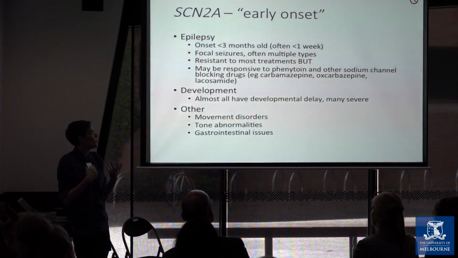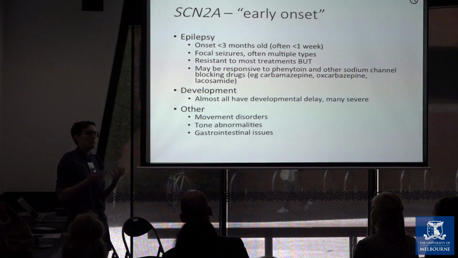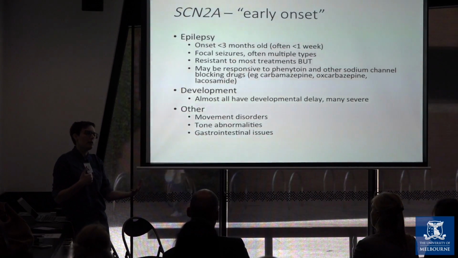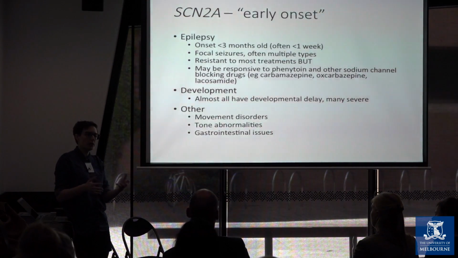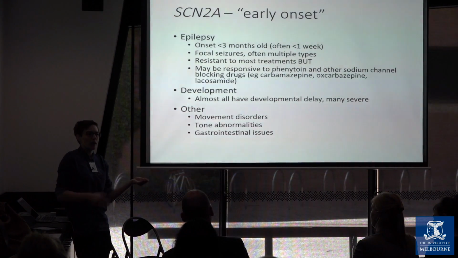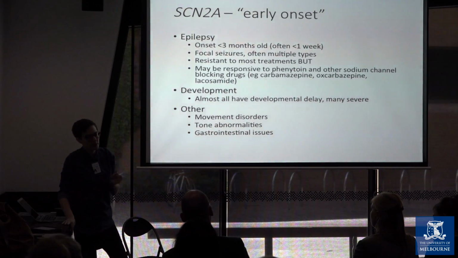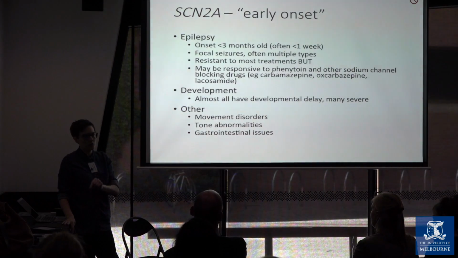So most children with SCN2A encephalopathy have developmental delays, and they're usually quite severe, but I suspect we probably don't understand and appreciate the milder end of the spectrum as well as we should, and that's actually the case probably with a lot of the epileptic encephalopathies, because until recently, when we've had much better access to genetic testing, most children who received a diagnosis received it through research avenues, and it tended to be the children with more severe conditions who actually were involved in research.